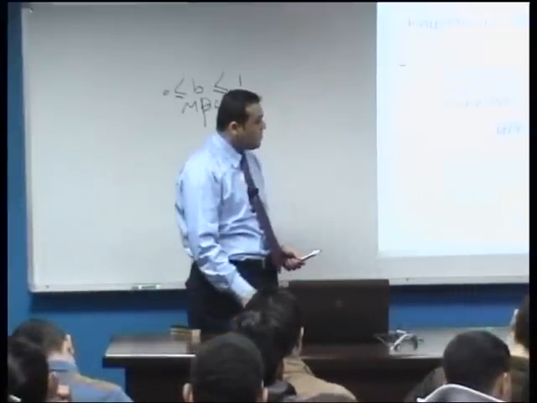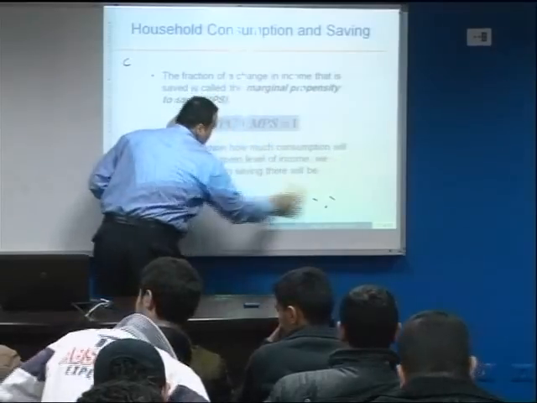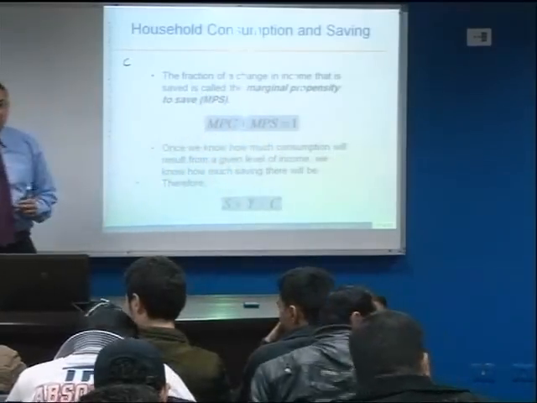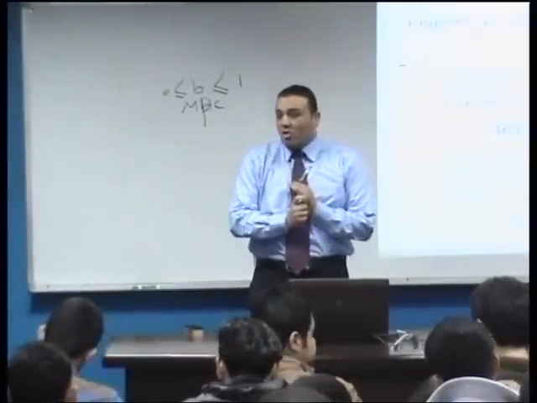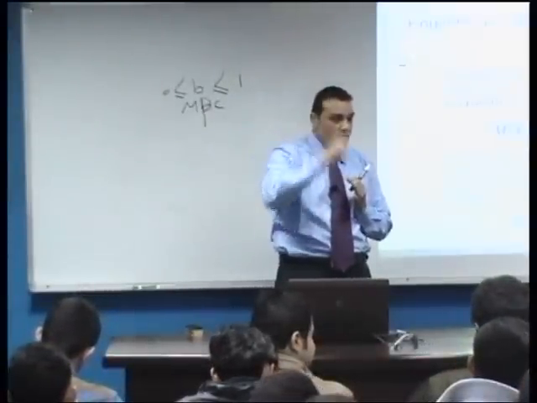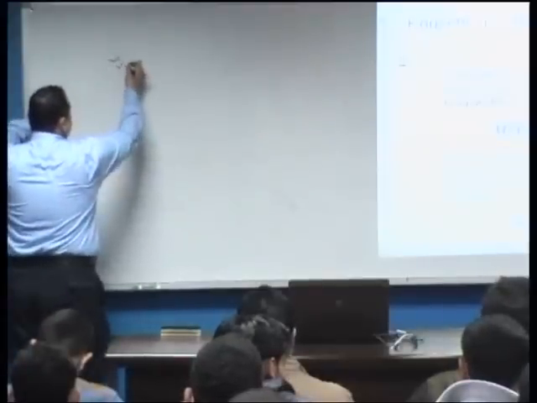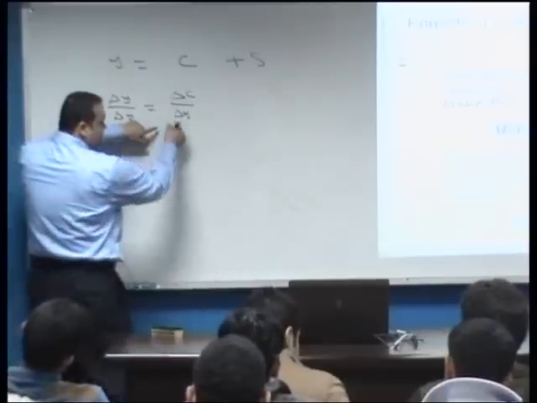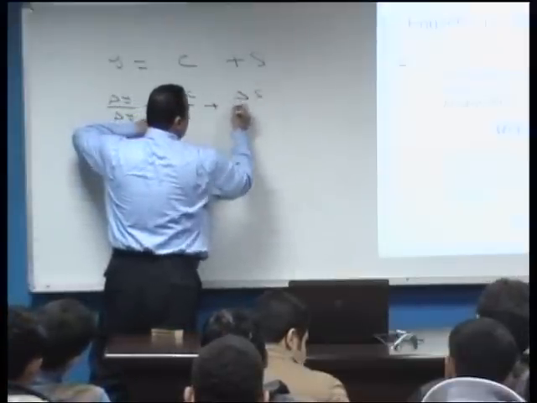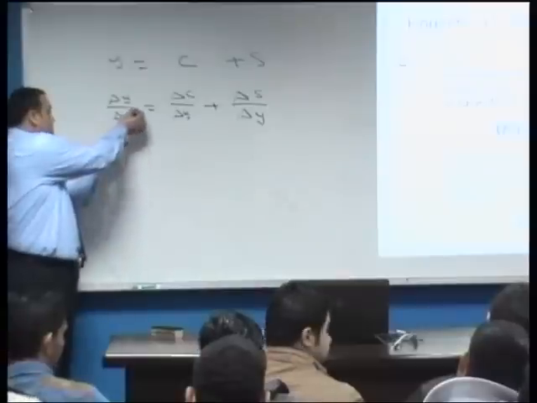So we derive that MPC plus MPS always equals 1, right? As you know, Y equals C plus S. So delta C over delta Y plus delta S over delta Y equals 1.